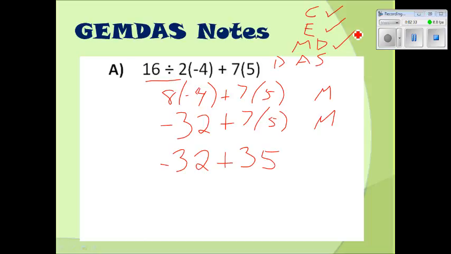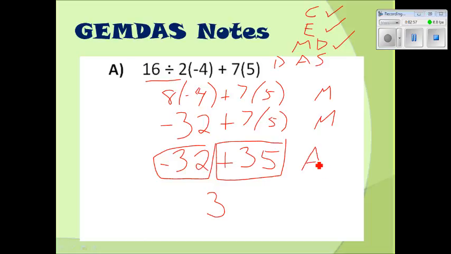Using my rules, I'm going to box these off. I can see this is a negative 32 plus 35, that means that's a positive 35. Different signs, I subtract. 35 minus 32, that's a 3. The larger number is 35, so my answer is positive. Positive 3. Good job.